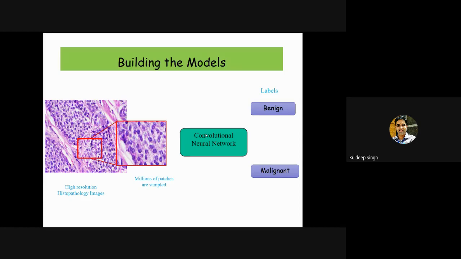Instead of feeding a complete histopathology image, we feed millions of patches sampled from the larger image. And at the time of testing, the large image is divided into small patches, and these patches are detected as belonging to the benign or malignant category.